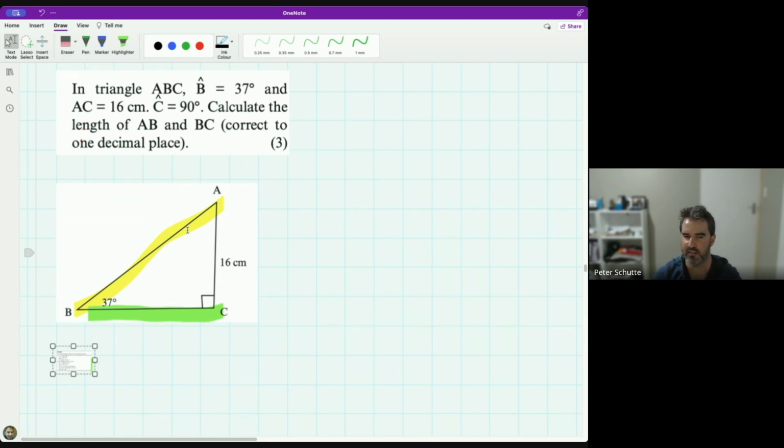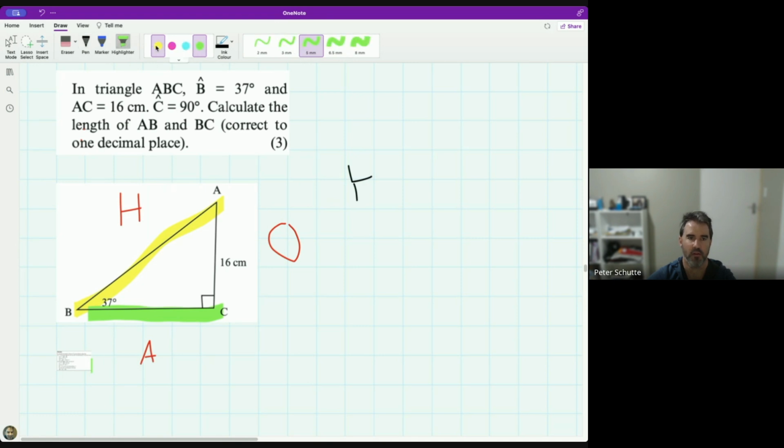How would you set this up? Not to be boring, but I always think this is a great way to start. Find me the yellow one. In fact, let me call it the length AB.